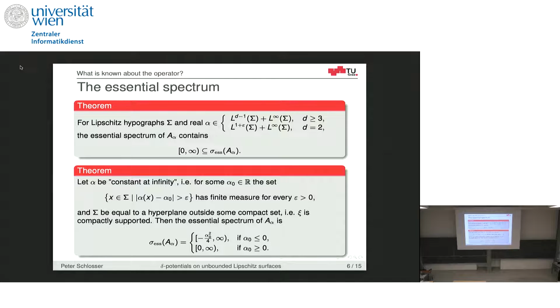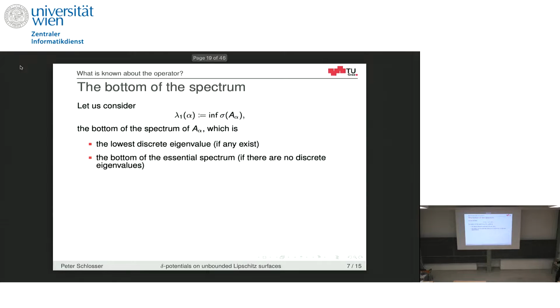So it's weaker than any L^p regularity or anything. It's just finite measure for all these sets, where the function is away from this constant alpha 0. And now it's possible to prove in this general setting that this essential spectrum is still minus alpha 0 squared over 4, infinity, for negative alpha 0s and 0 to infinity for positive ones. So this is for the essential spectrum.